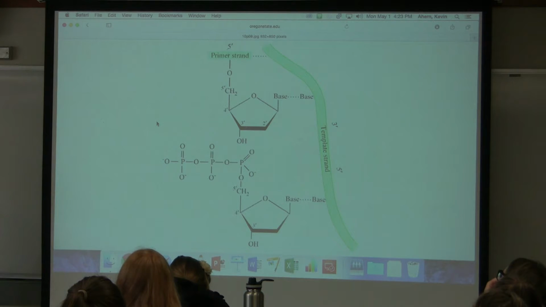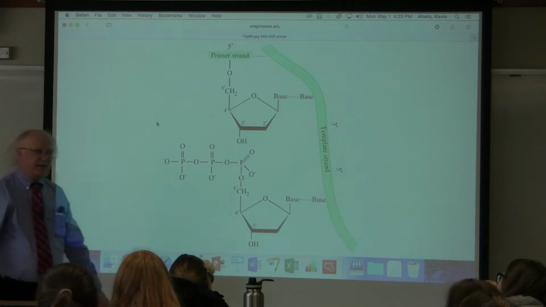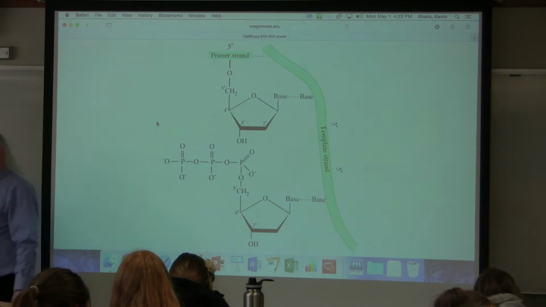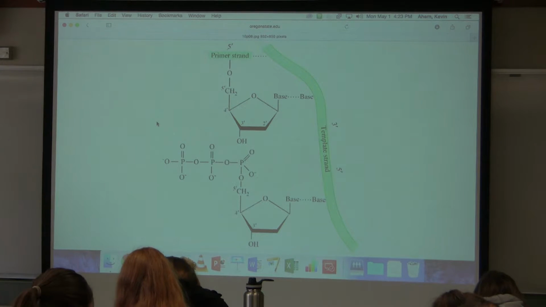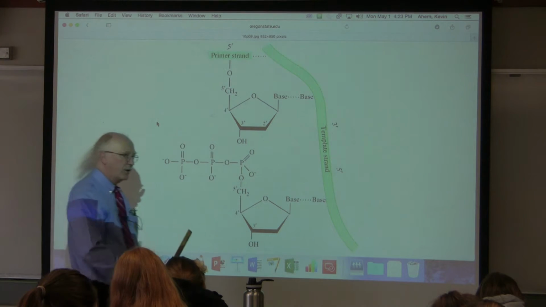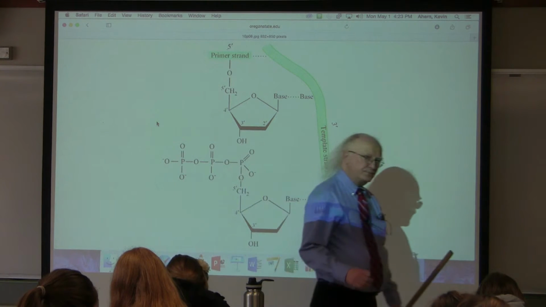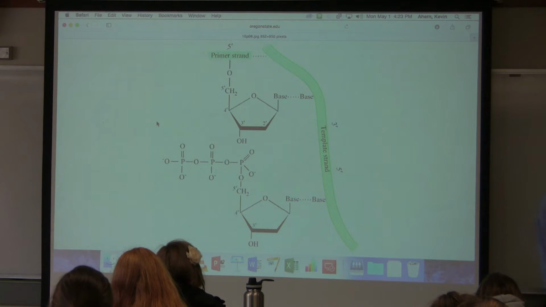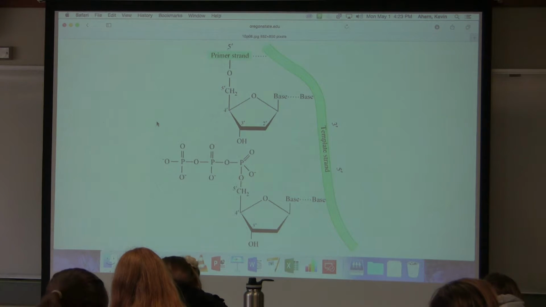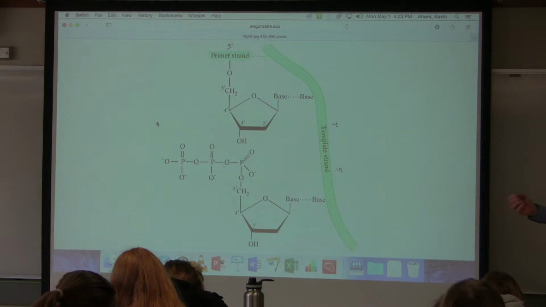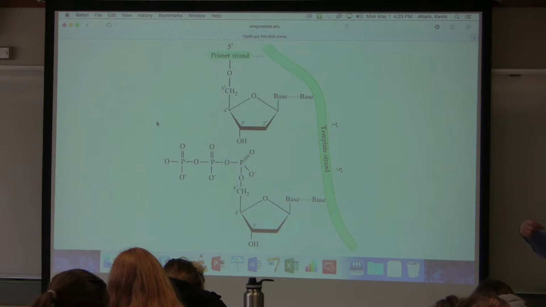Well, let's talk about the actual synthesis. So the synthesis of DNA is catalyzed by an enzyme known as DNA polymerase, which I'm sure you probably know. And a DNA polymerase does several things. First of all, it binds to a DNA. It reads the sequence of one strand and puts the appropriate complementary base in on the other strand that it's making.